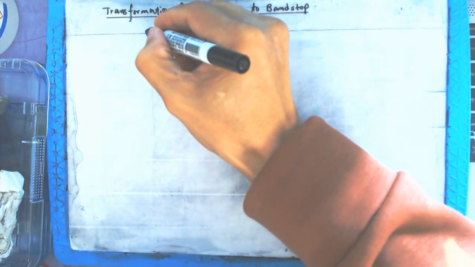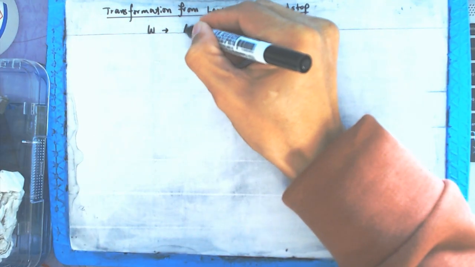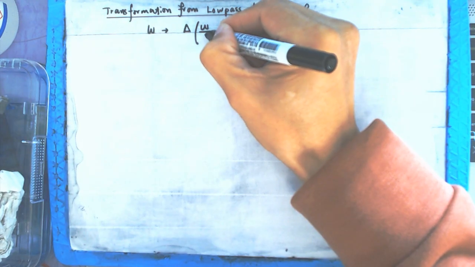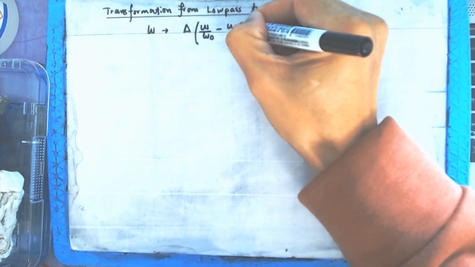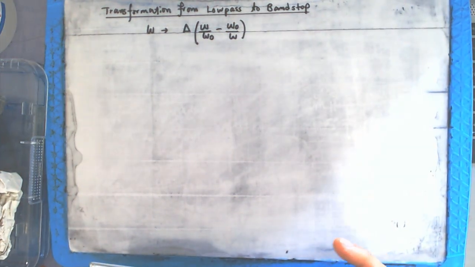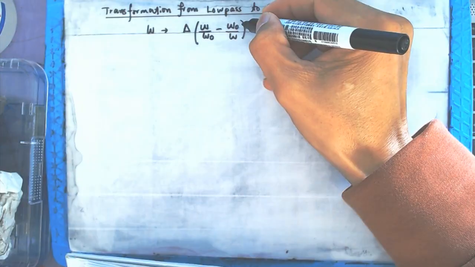If you recall what we have learned from the previous chapter, where we transform a low pass filter to band pass filter, we replace omega with some very complicated expression involving the bandwidth.